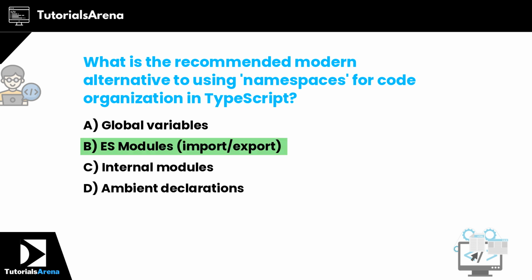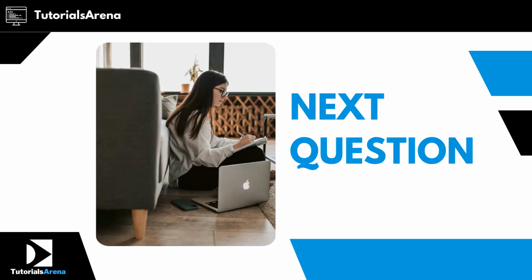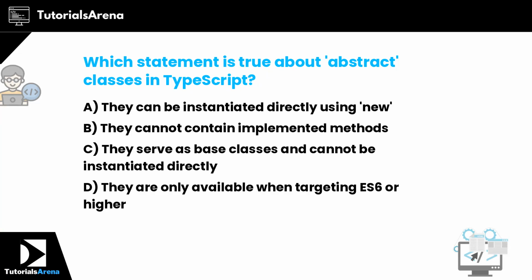The correct answer is option B, ES modules, import, export. Which statement is true about abstract classes in TypeScript? The correct answer is option C. They serve as base classes and cannot be instantiated directly.